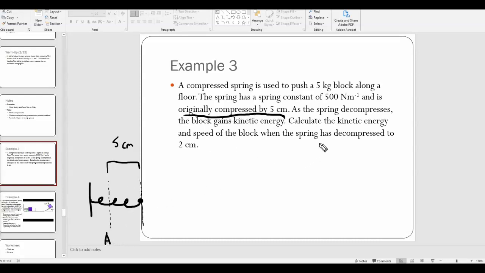Now we're asked to find the kinetic energy and speed of the block when the spring has decompressed to 2 centimeters. So in other words, the spring is pulled back to here, and then when it's let go, it starts to move back to equilibrium.